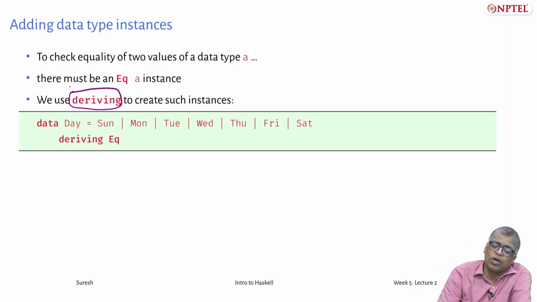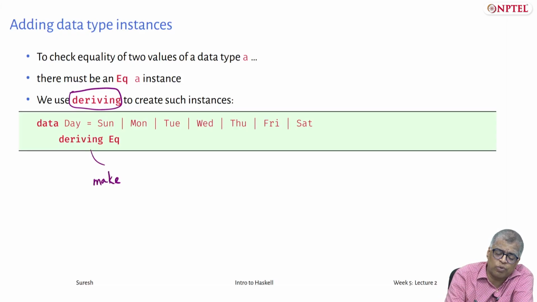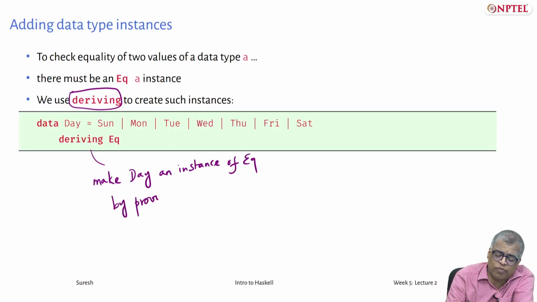Deriving says that you make Day an instance of Eq by deriving a default implementation of equal to.